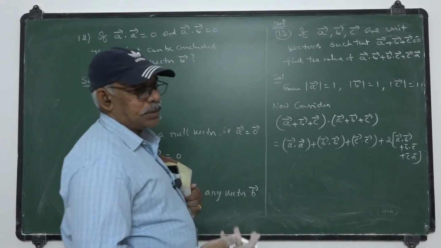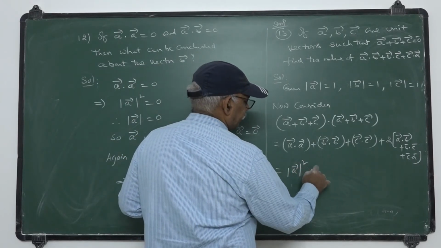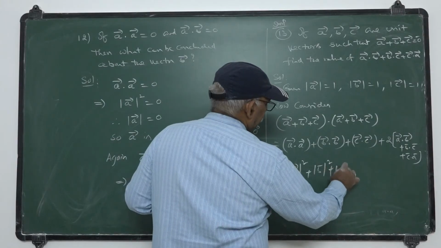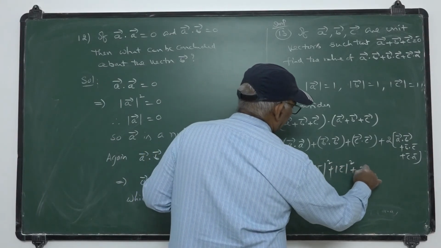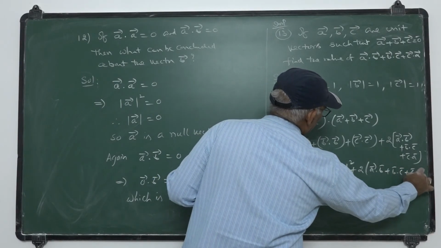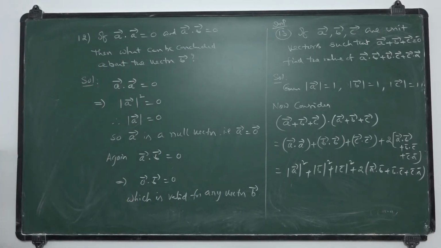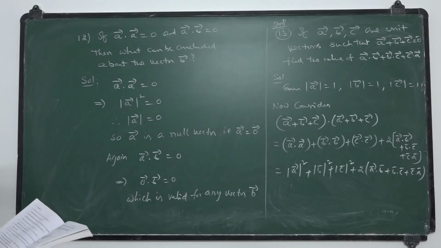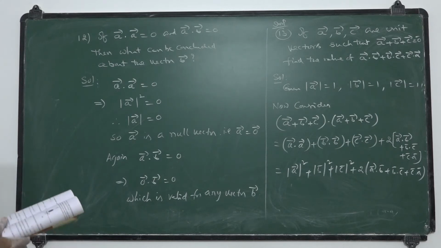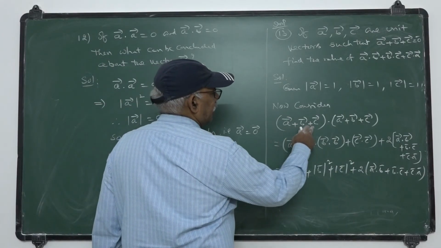Just like A plus B plus C whole square, this is mod A bar square plus mod B bar square plus mod C bar square plus twice the sum of A dot B, B dot C, C dot A. But A bar plus B bar plus C bar is 0 bar.